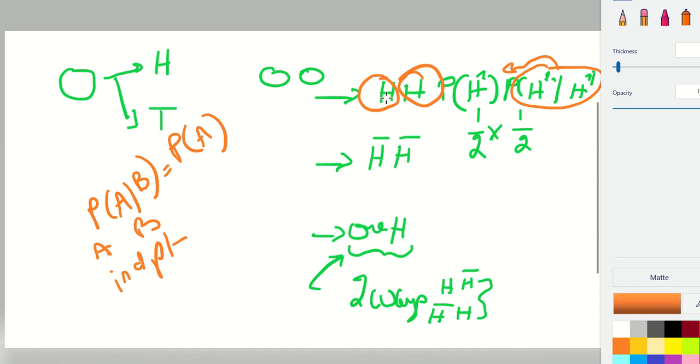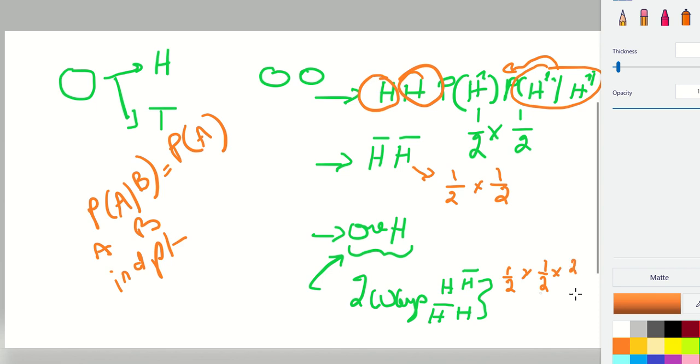The probability doesn't change. Therefore the probability of getting a head and a head is just 1 over 2 times 1 over 2. The same for the probability of not a head and not a head: 1 over 2 times 1 over 2. And then the last one, head followed by not a head, is 1 over 2 times 1 over 2, but it can happen in two different ways, so you have to multiply it by 2.